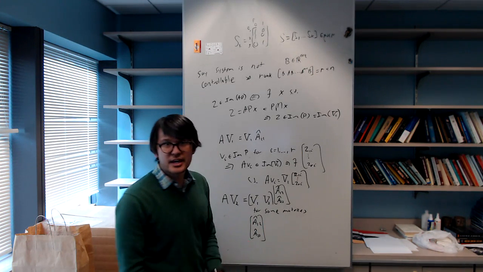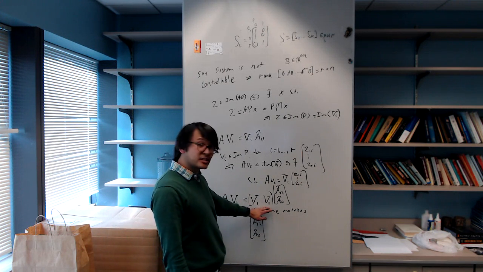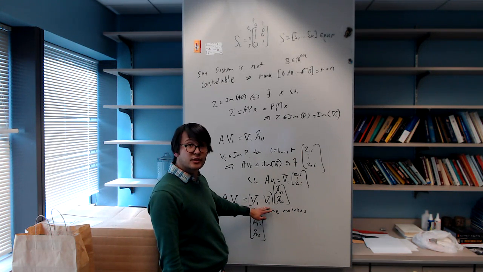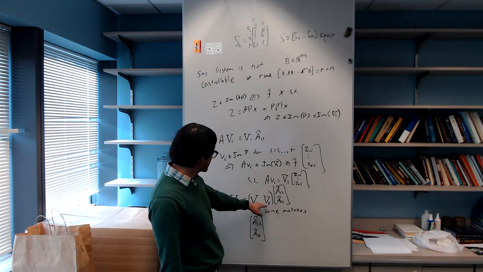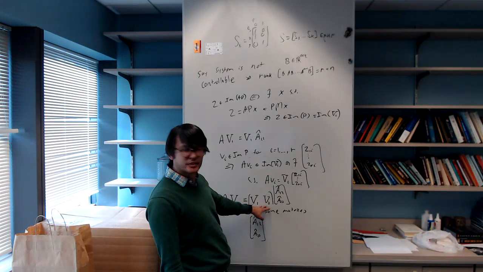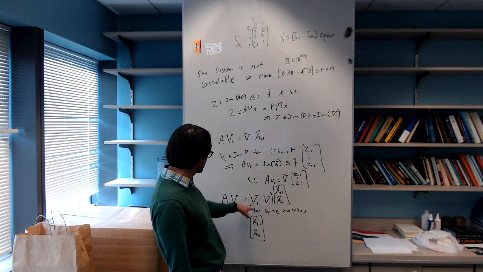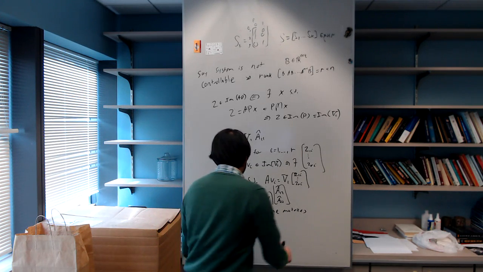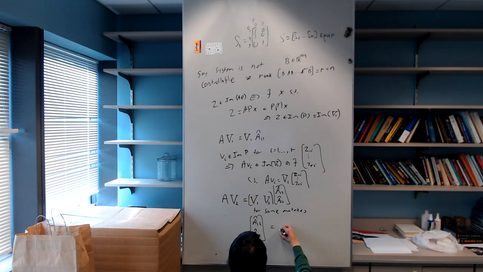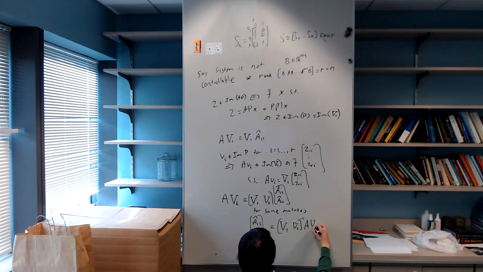The reason is just this: it's an invertible matrix, so no matter what these things are, I can always hit both sides by the inverse and get A12 and A22. This is just V1, V2 inverse, A, V2, just building the columns of this thing.